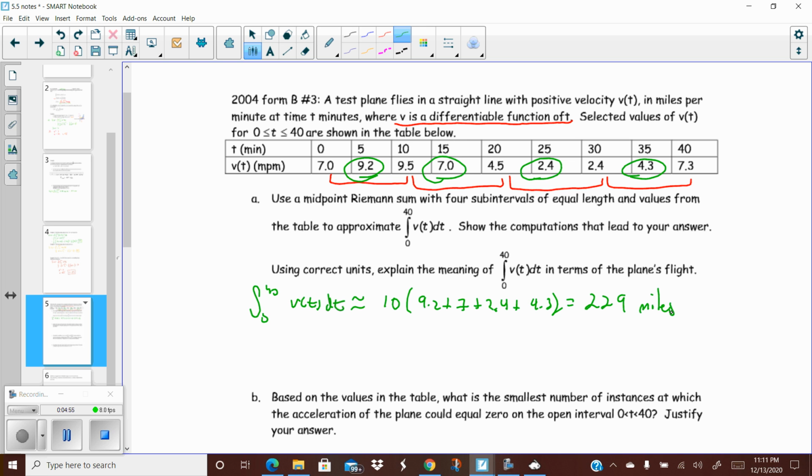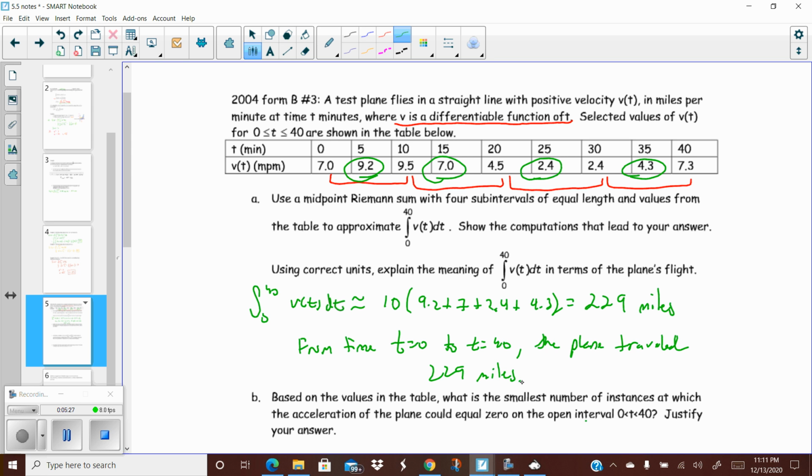And then it says explain the meaning of what that means. So that means from time 0, oops, forgot to write time, from t equals 0 to t equals 40, the plane traveled 229 miles.